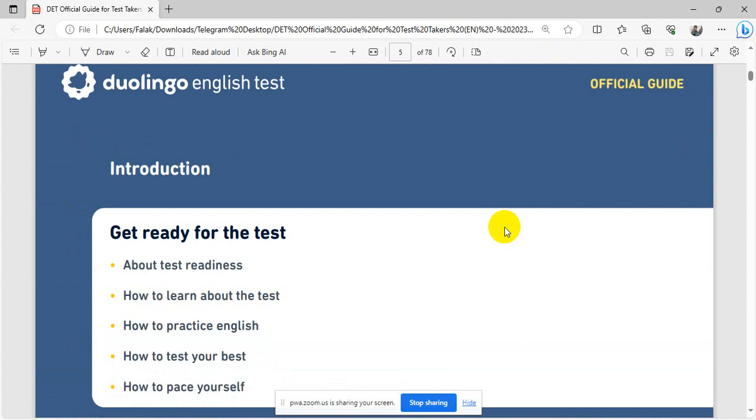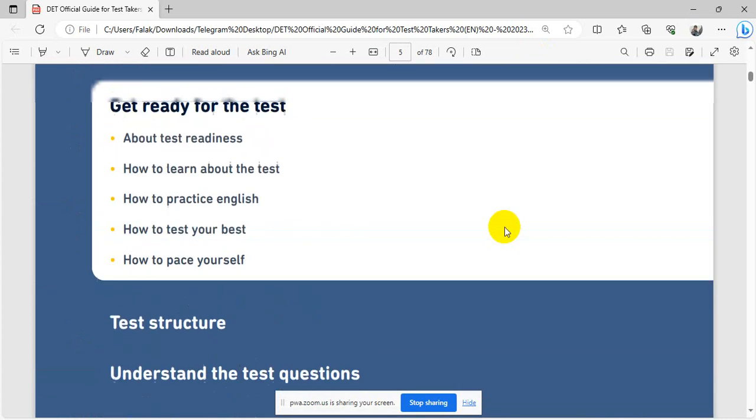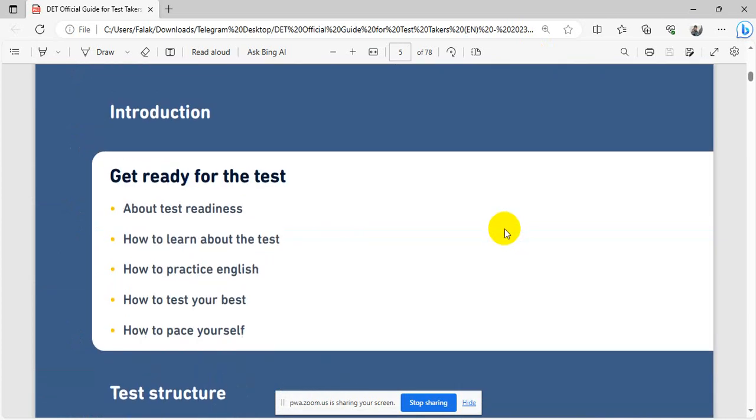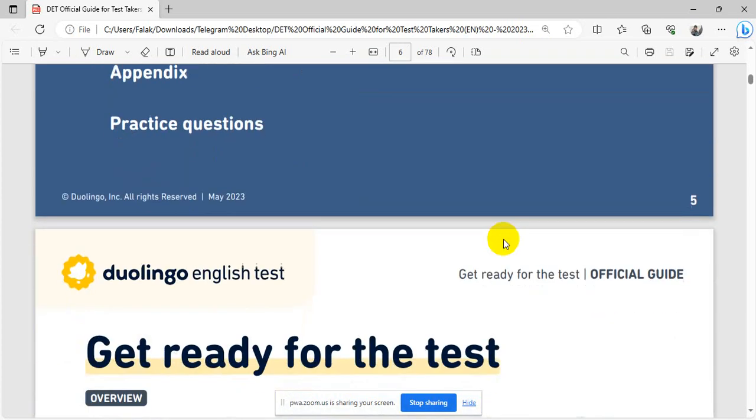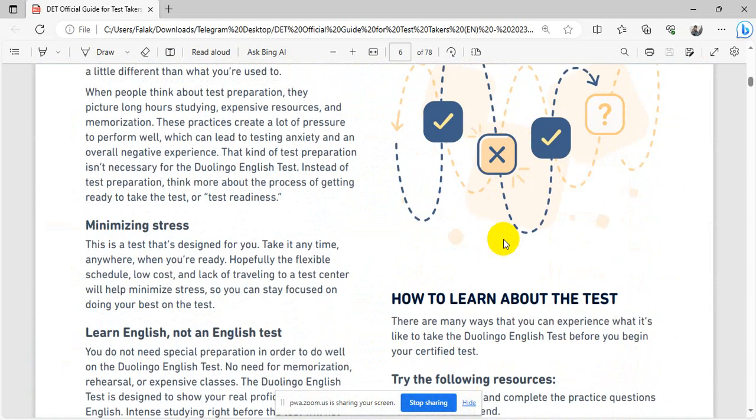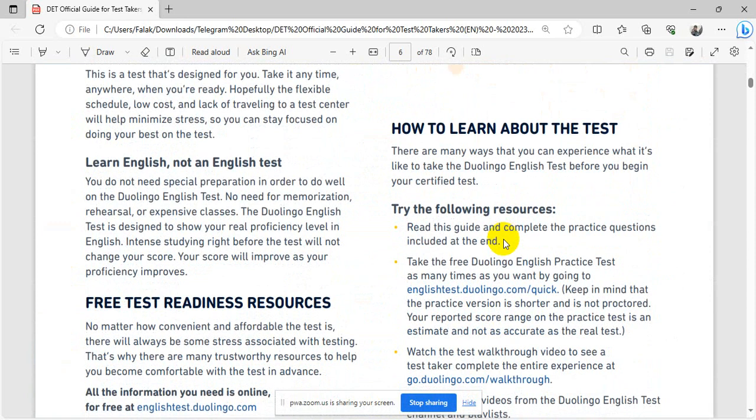Then we moved on to the get ready for the test unit, and we particularly learned about test readiness and how to learn about a test. We talked about the idea that this test in fact minimizes your stress, and that you are supposed to learn English, not particularly prepare for any test.